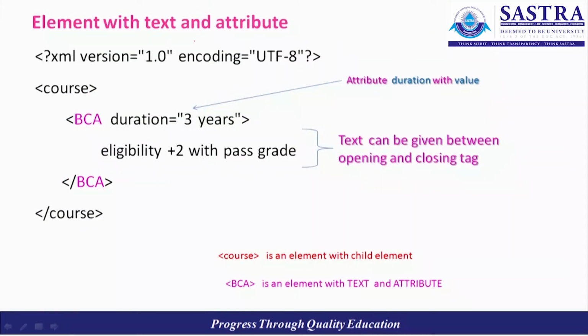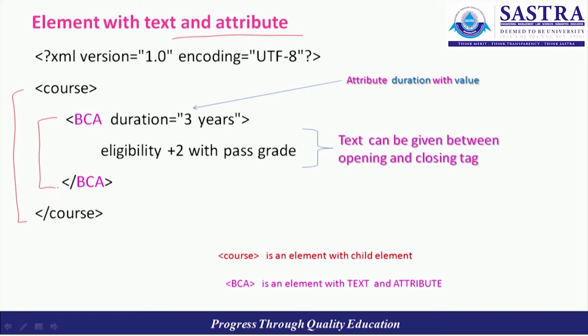Next, the element with text as well as attribute, which means the element which is carrying both text as well as attribute. You can see here the course is an element which has one child element. What is that? That is BCA.